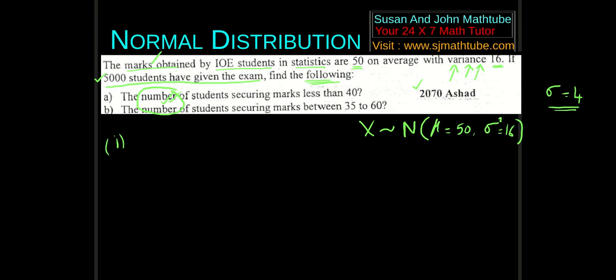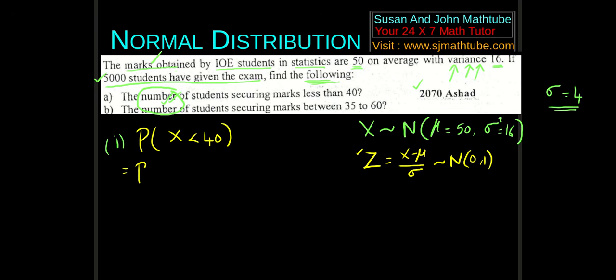And our famous line, we know that (x minus mu) by sigma, which we denote by Z, follows the standard normal distribution. And for the first part, we will calculate the probability of x being less than 40.